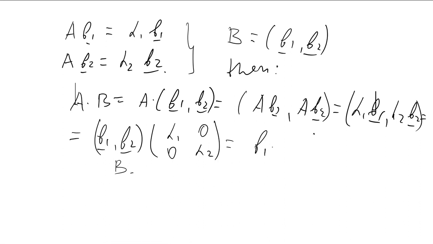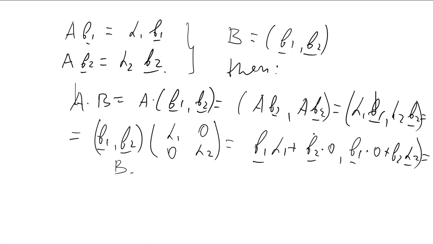b1 times lambda 1 plus b2 times 0. This is the first column, and the second column is b1 times 0 plus b2 times lambda 2.